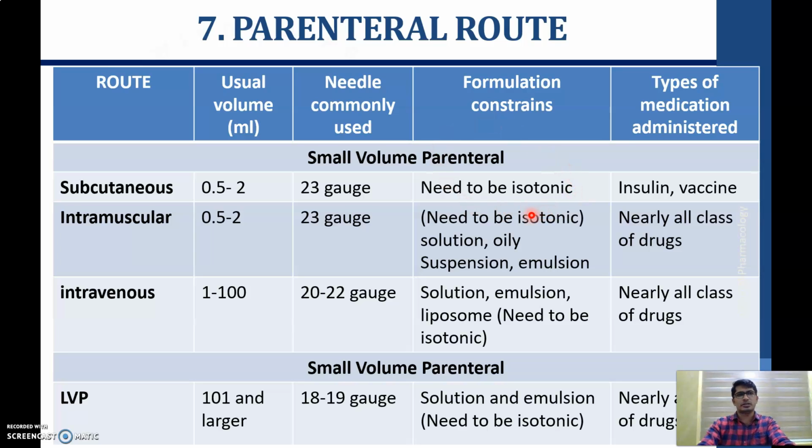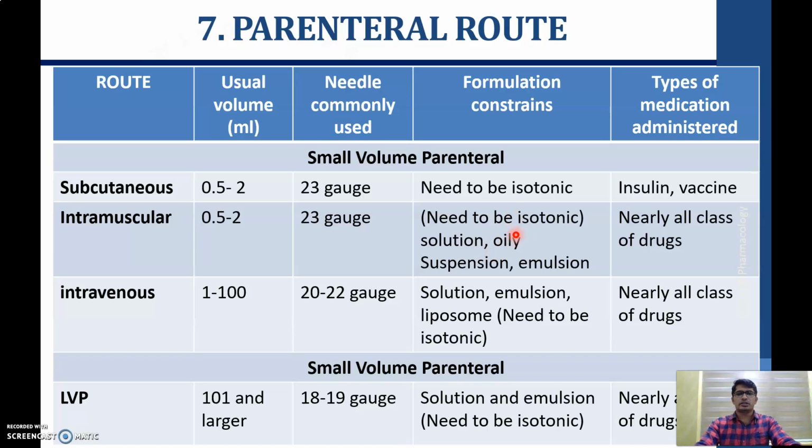What is isotonicity? Isotonicity means the solution should have the same osmotic pressure as that of the blood. So what will happen if the injection is not isotonic? If it is a hypotonic solution, it may lead to hemolysis. If it is a hypertonic solution, it may lead to crenation. Hemolysis means lysis of the RBC, and crenation means shrinking of the RBC.